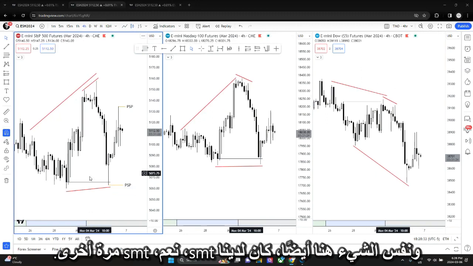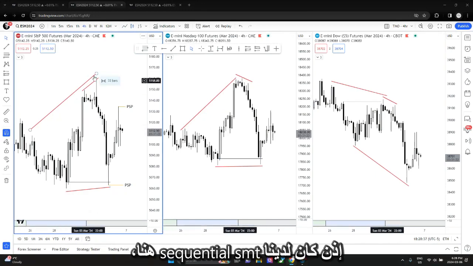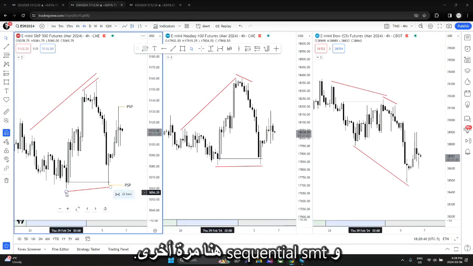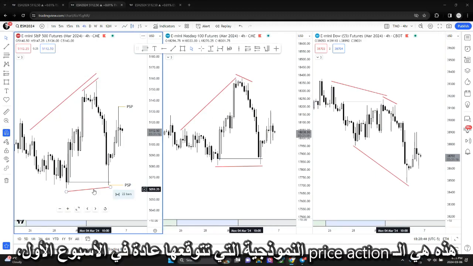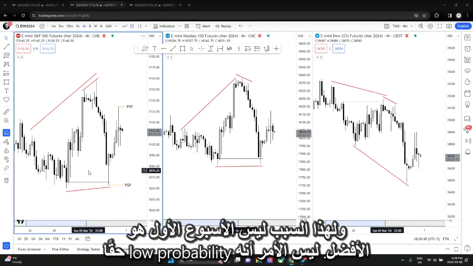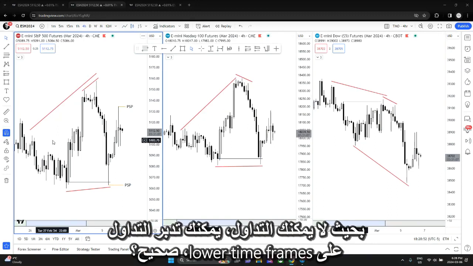Also here, we had sequential SMT again. So we had sequential SMT here and sequential SMT here again. This is the typical price action that you would usually expect in the first week, which is why the first week isn't the best week. It's not that it's really low probability that you can't trade. You can manage to trade on the lower time frames.